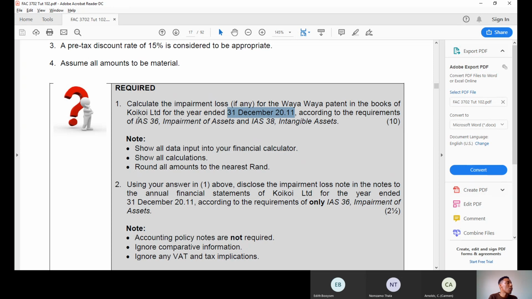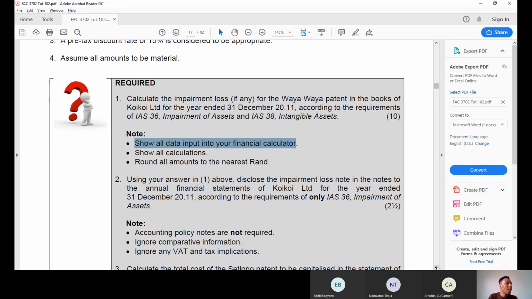They tell you this is in accordance with IAS 36 as well as IAS 38, because it relates to a patent. What's very important is that you show all your calculations, or even your input data on the financial calculator, because that's what they're going to be marking. And round off to the nearest rand.